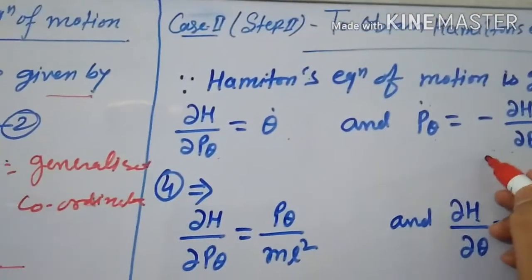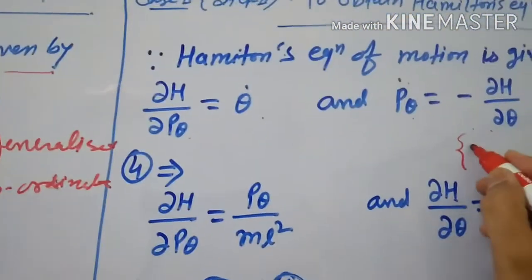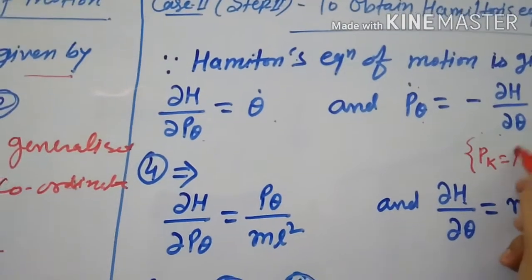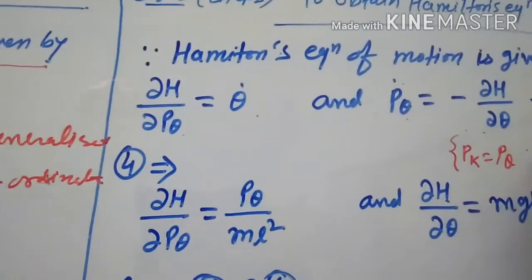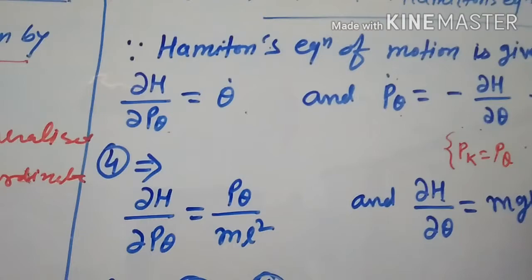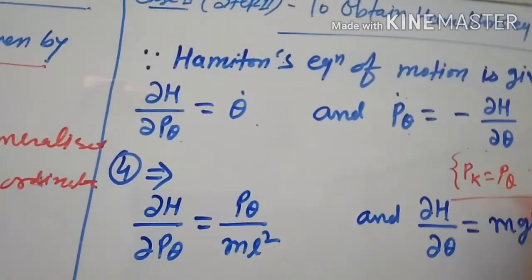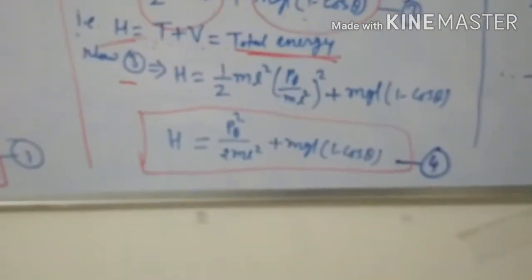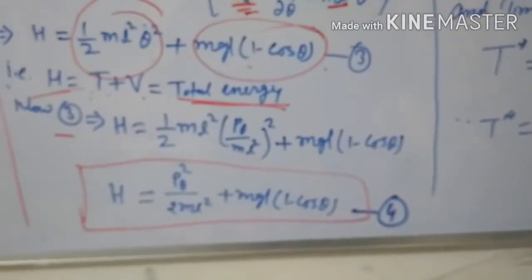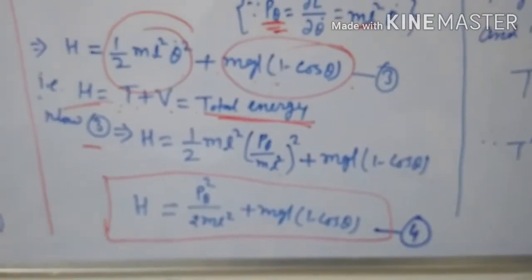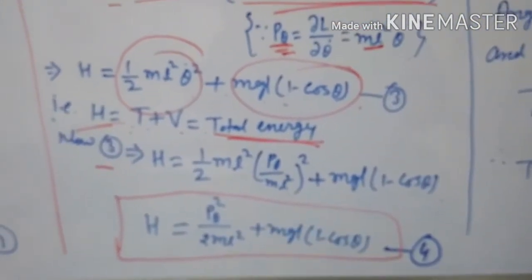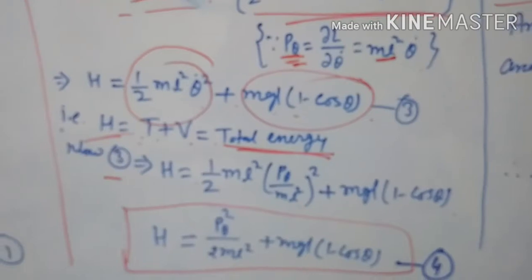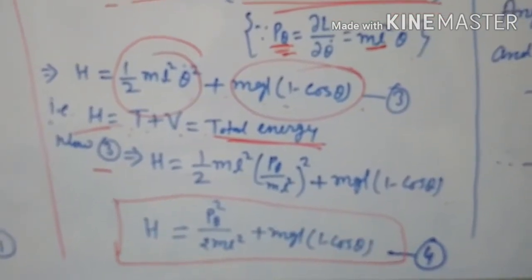Here Pk is equal to P theta and Qk is equal to theta. So from equation number 4, we differentiate equation 4 with respect to P theta and theta.